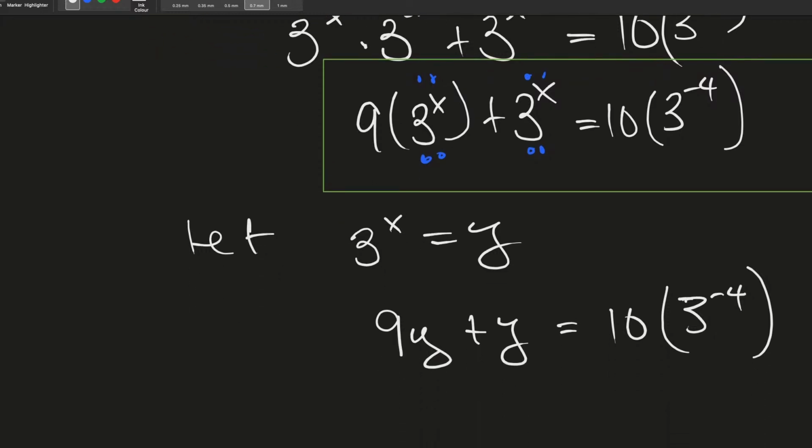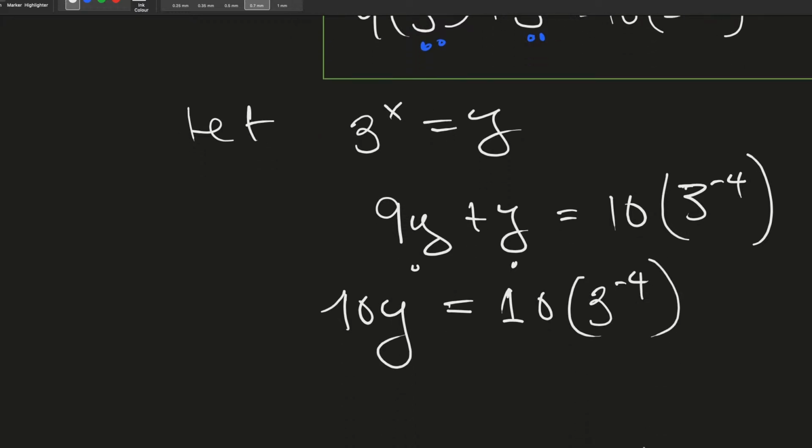Friends, this is simple. I know when I add 9y to y, I'm going to get 10y. This makes my equation equal to 10 times 3 raised to the power -4. Friends, what do we see? It's becoming so interesting. You see, 10y is equal to 10 times 3 raised to the power -4. You and I know for sure that we can do some cancellation. Let's see what cancellation we can do. This one will cancel this, and that will cancel that.